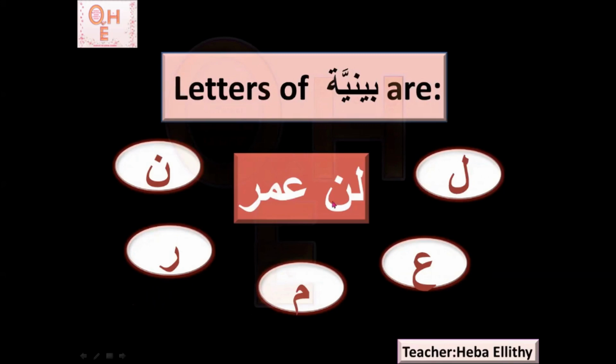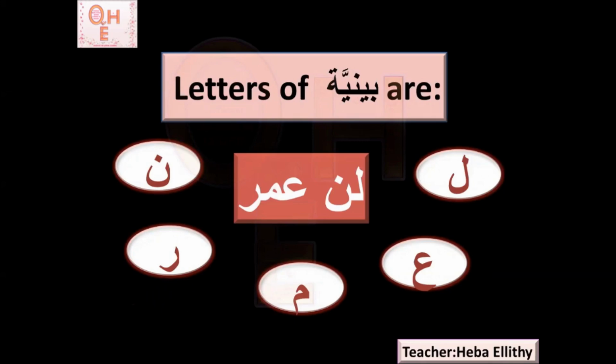The letters of bayniya are lam, ayn, mim, ra, and nun. 5 letters total, scholars collected in the word Lin Omar. Let's see why these letters are bayniya letters, not rekhwa and not shadida.